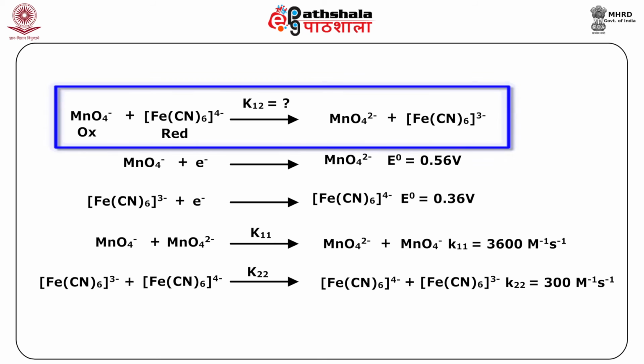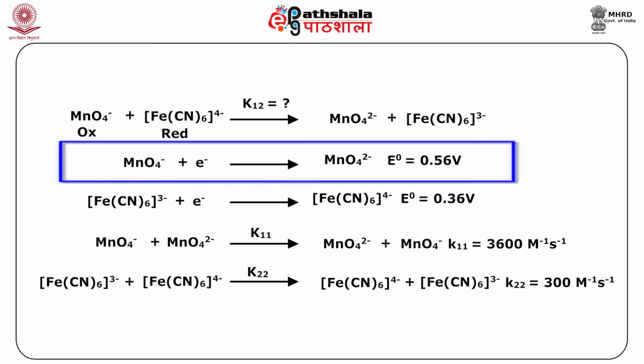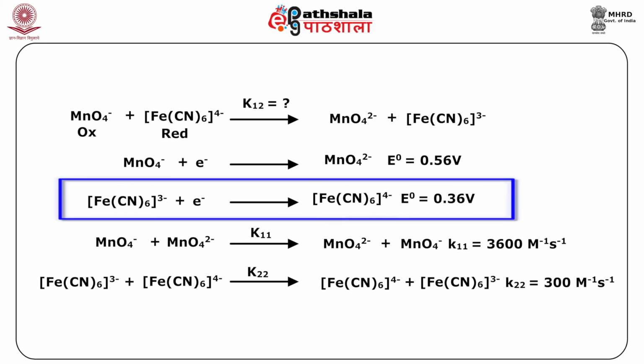The one electron reduction of MnO4 minus leads to the formation of MnO4 2 minus, and the E0 value for this reaction is 0.56 volt. While Fe(CN)6 3 minus is one electron reduced, forming the Fe(II) complex Fe(CN)6 4 minus, the E0 value for this reaction is 0.36 volt.